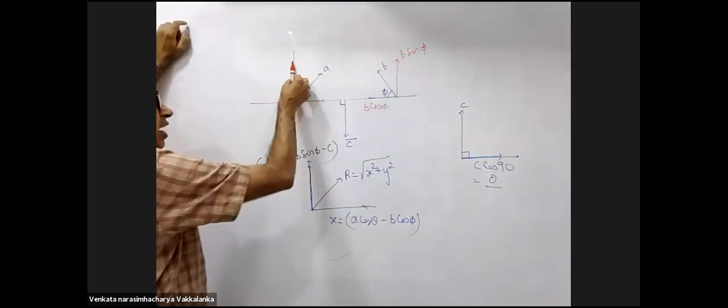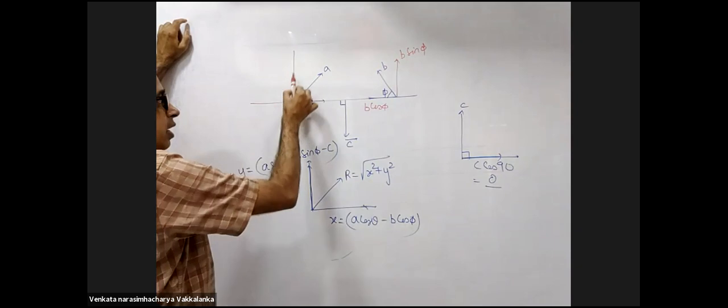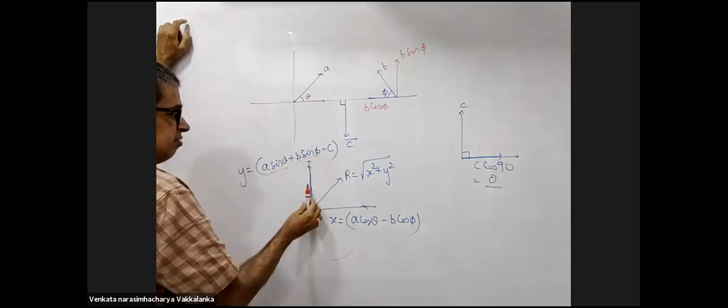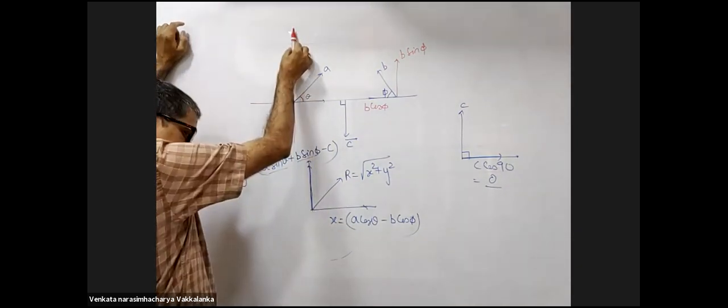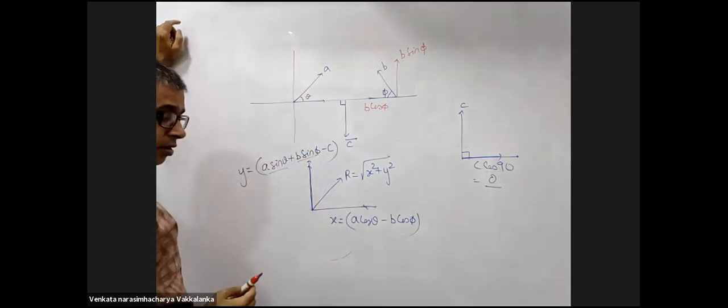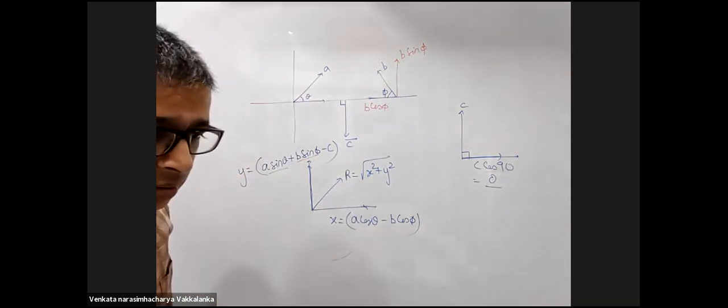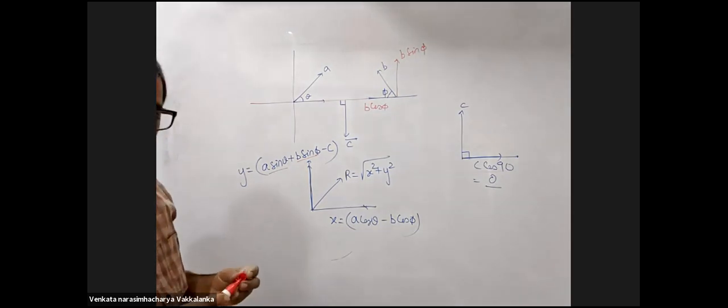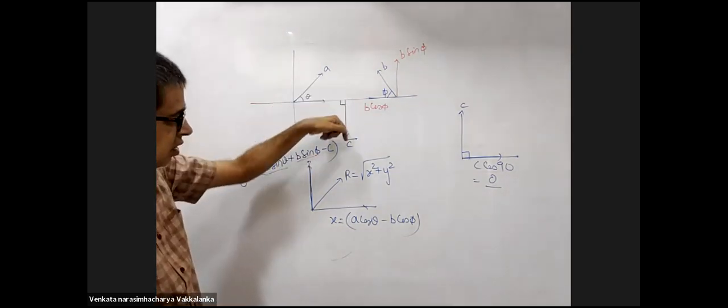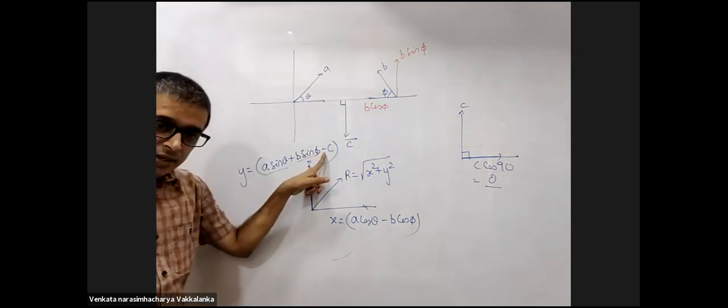Now B sin phi translated to the origin. A sin theta and B sin phi are in the same direction. So you added them up. C is in the downward direction, so you subtracted.